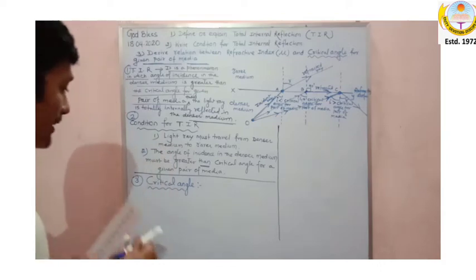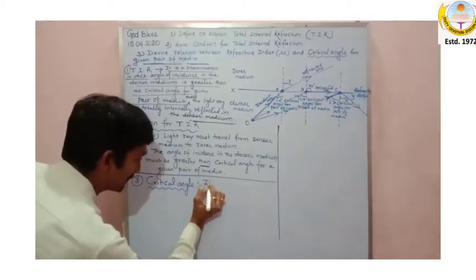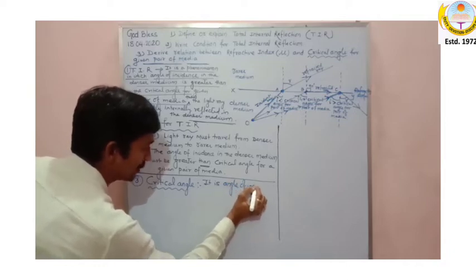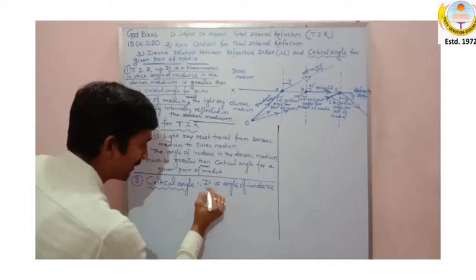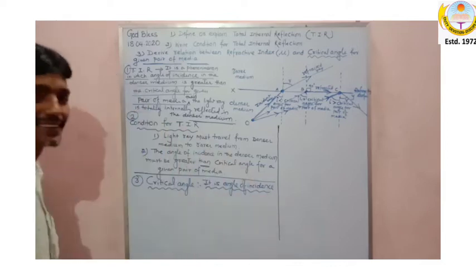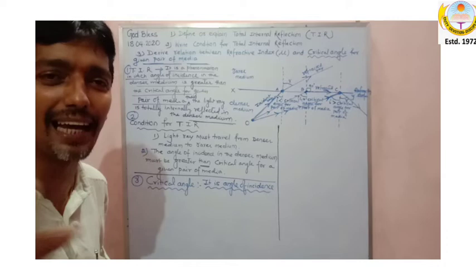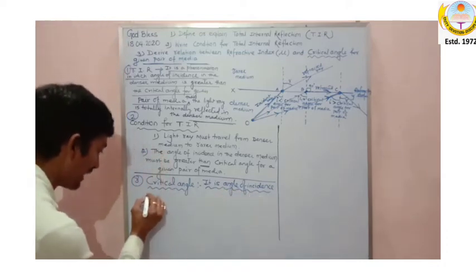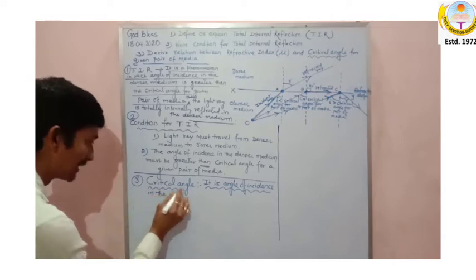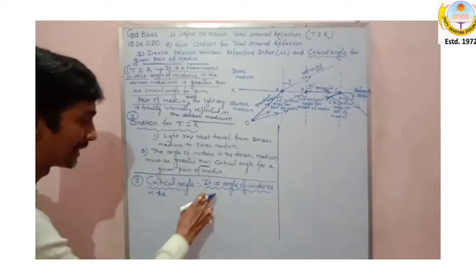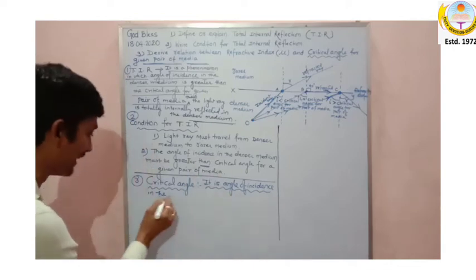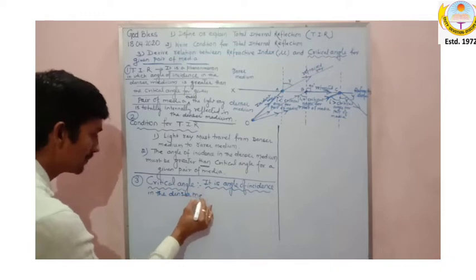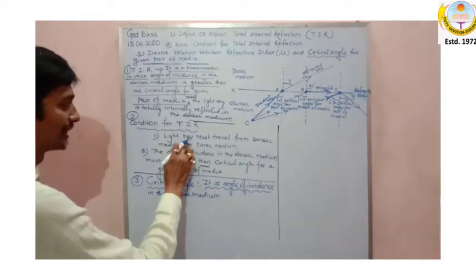So what is the critical angle? Sir, it is the angle of incidence. So nice line. It is the angle of incidence. It is not the angle of refraction or anything. It is the angle of incidence in the denser medium, because the incident ray is traveling in the denser medium.